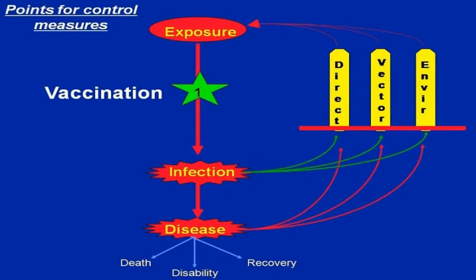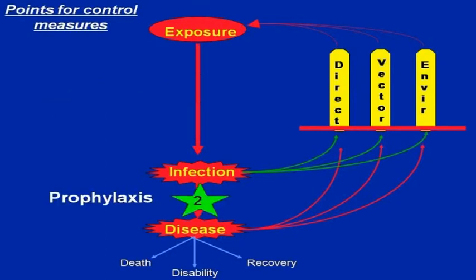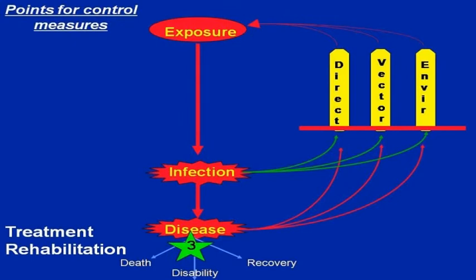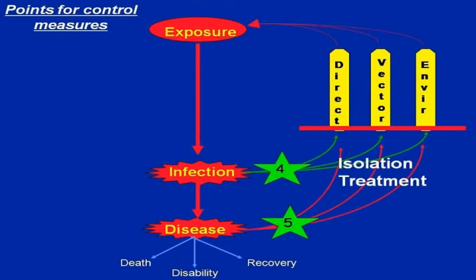Through this channel from exposure to infection, we can cut through vaccination. And we can cut this process from infection to disease by prophylaxis, drug treatment in advance. And treatment or rehabilitation will cut the process for those who already have the disease to die, or be disabled, or recover. And isolation will cut the process from infection or disease to the pathogen.